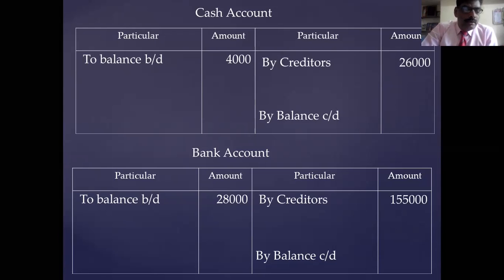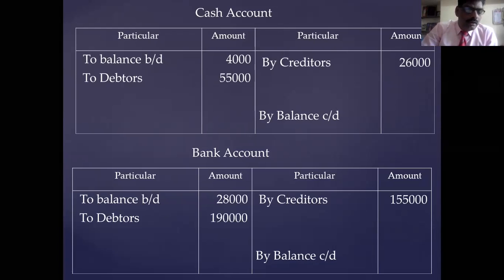Then at the same time, collection from debtors is there. So I record in the receipt side. Debtors collection in cash is 55,000. Debtors collection by check is 1,90,000. Clear? This is the item related to debtors.